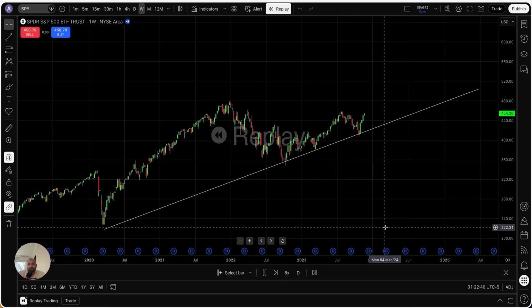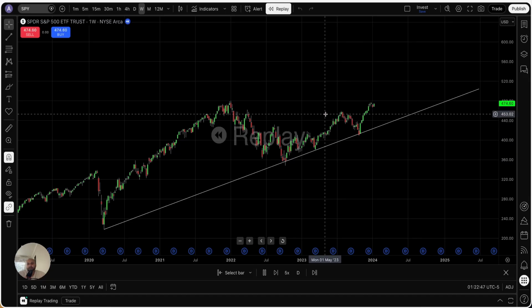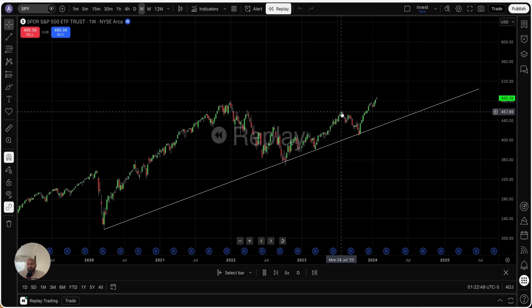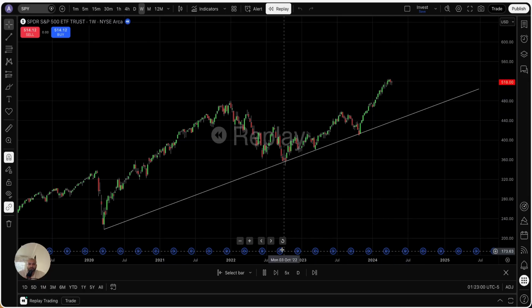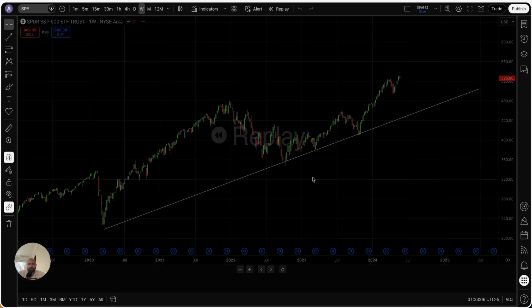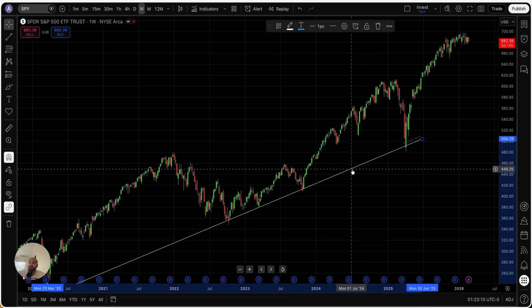If you just speed it up, and once it broke the previous point, which is right here, you would expect it to push through. Okay, let's leave that. So that's pretty much trend lines.